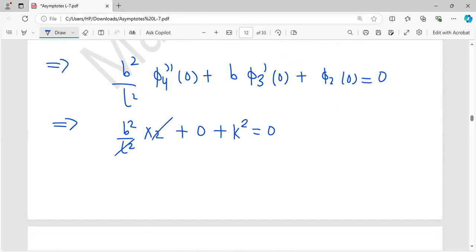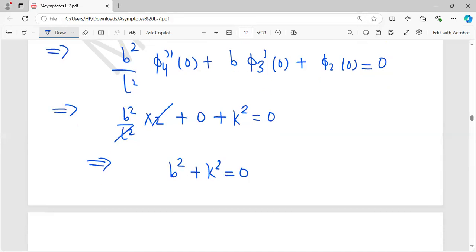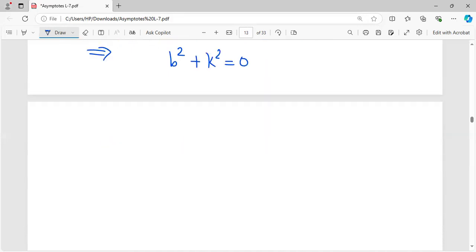So this and this cancel out. B square plus k square is 0. B square is equal to minus k square, so B is equal to plus or minus ki.